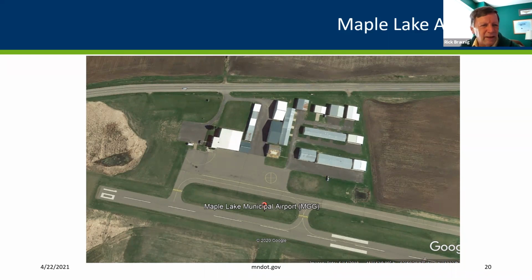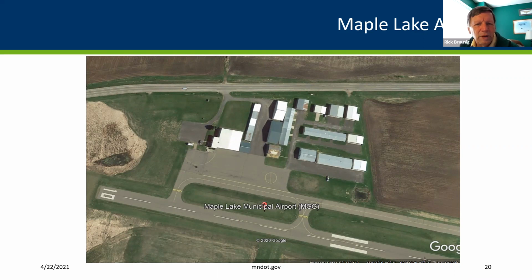They're tucked tight in against the runway, so they can't expand anywhere closer to the runway. And of course, you can see they're right up against the road. And then there's the farm fields off to the right-hand side. Not much you can do to expand.